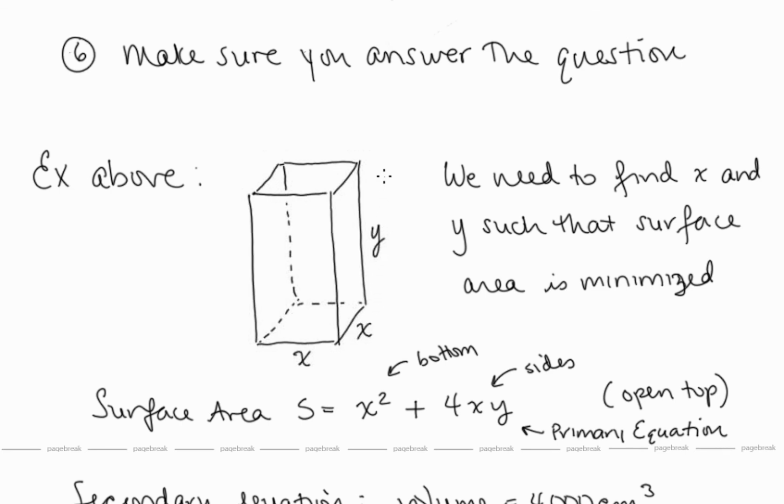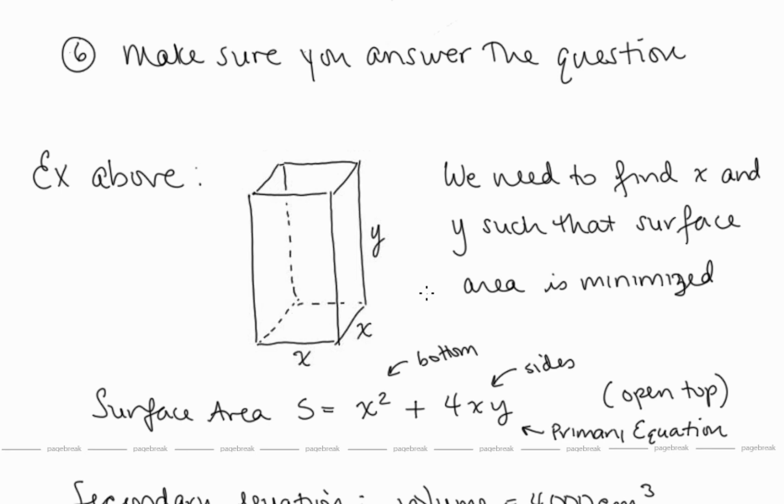So we're asked to find the dimensions of a box that uses a minimum amount of material. So we're asked for the dimensions of the box, we need to find x and y. And when we talk about the amount of material used for the box, we're talking about surface area. So we need to find now an equation for surface area in terms of x and y. And keep in mind that this box has an open top.